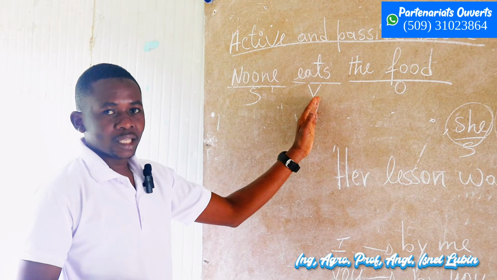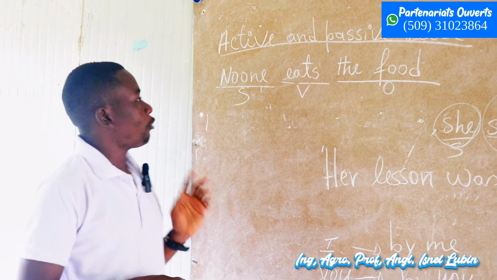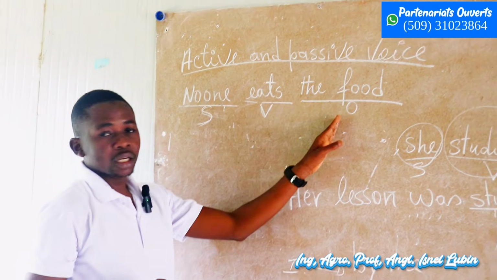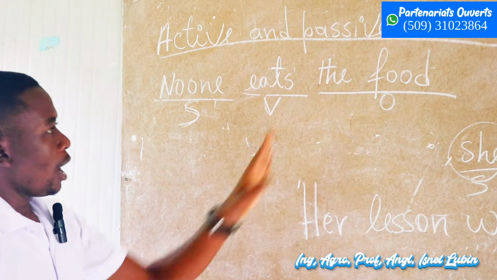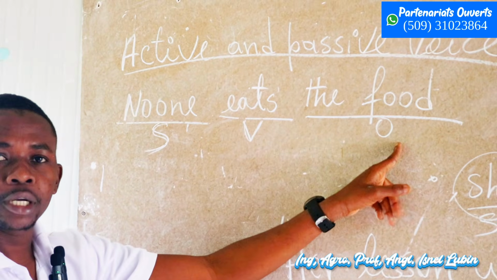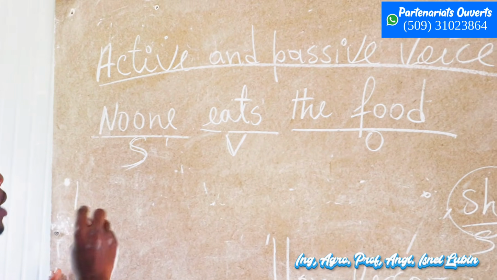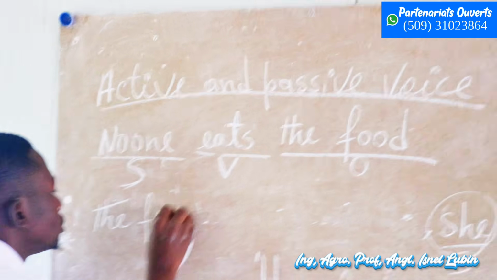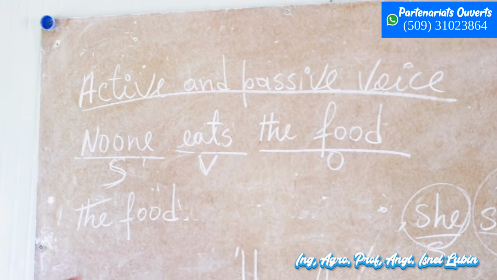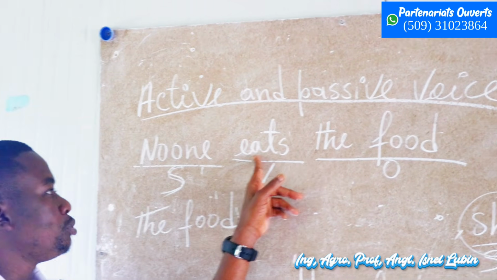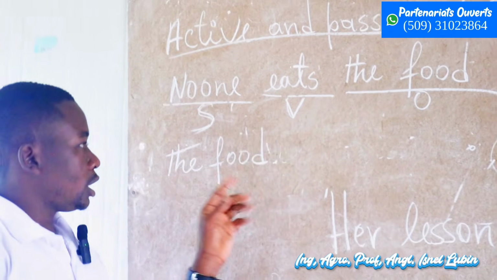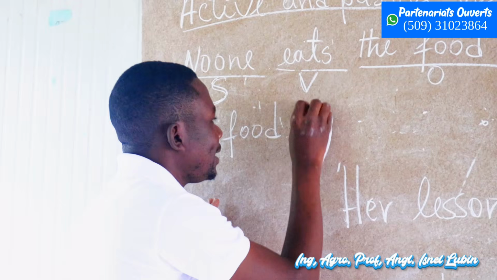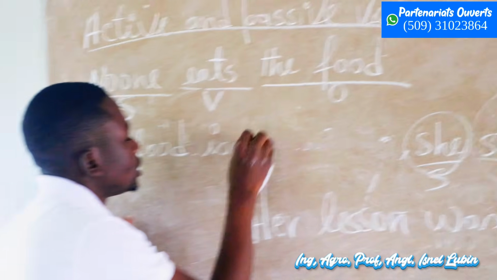No one eats the food. I will move the object to the subject position. I say the food. Now I will conjugate to be in present tense in negative form. The food isn't eaten.